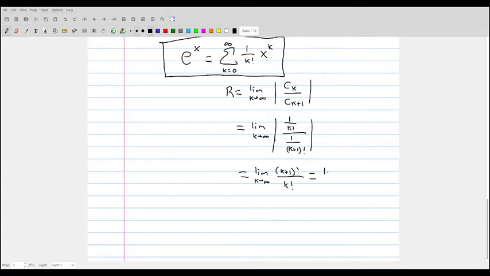And remember, k plus 1 factorial over k factorial is just going to be equal to k plus 1, because k plus 1 factorial is the same thing as k plus 1 times k factorial, divided by k factorial.